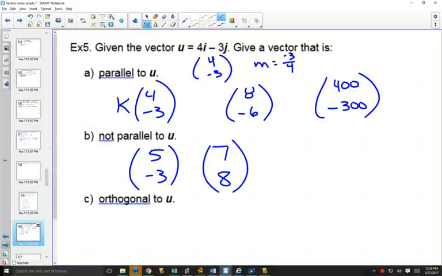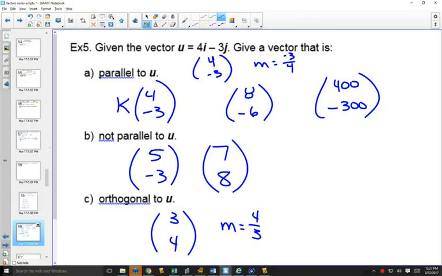What do you know about slopes of perpendicular lines? What did you have to do to the slope? You had to flip it and make it negative. So if our original one was 4, -3, if I flip that and make the fraction a negative, I'm going to get something orthogonal, because the slope of that position vector is 4 over 3.